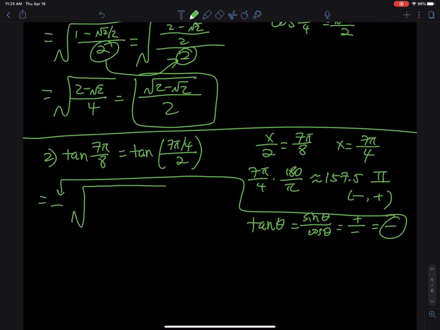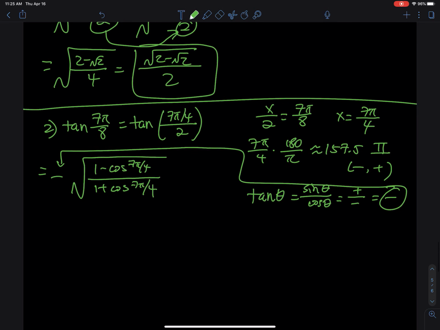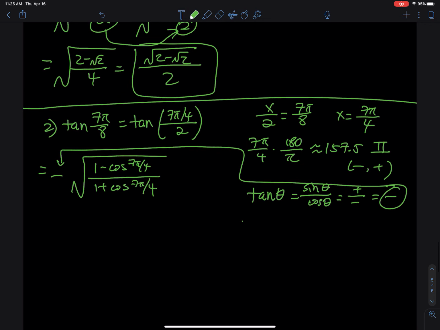So you have negative the square root of 1 minus cosine 7 pi over 4 divided by 1 plus cosine 7 pi over 4. And then you just evaluate 7 pi over 4. You have to look at your unit circle, right? For 7 pi over 4, the coordinate is √2 over 2, comma, negative √2 over 2.